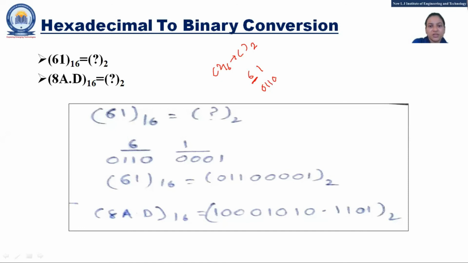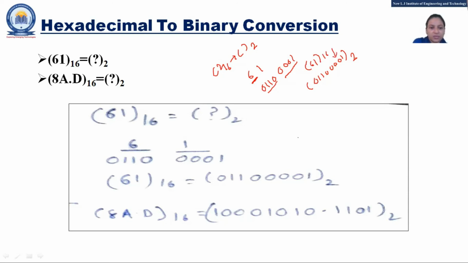So 0110, and for 1 the binary equivalent is 0001. So for 61 in hexadecimal, we get the binary 01100001.